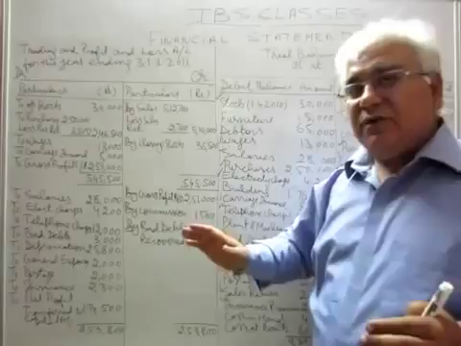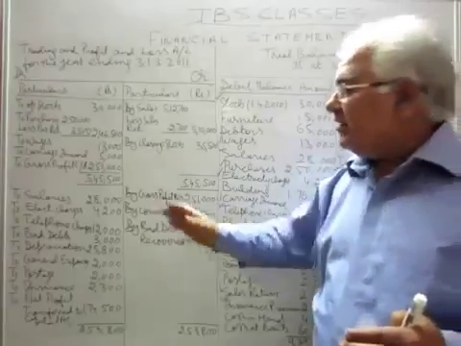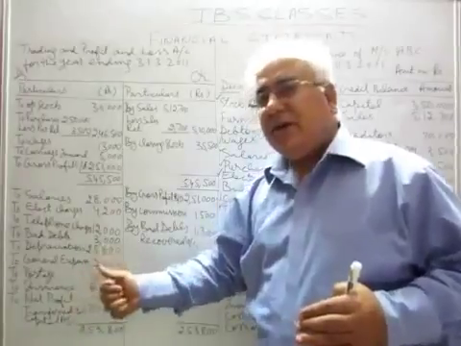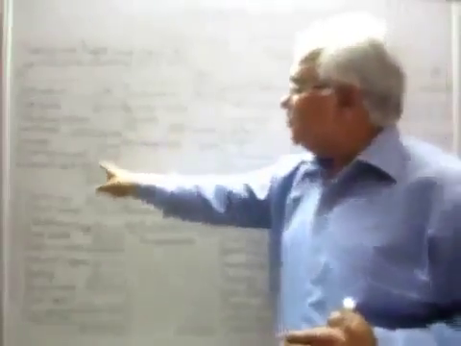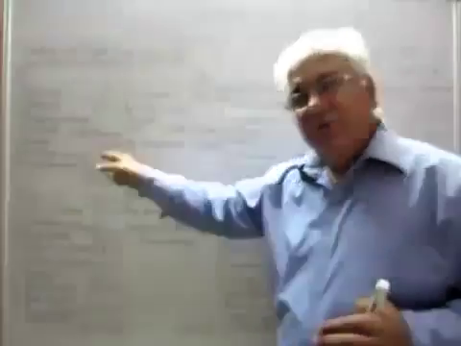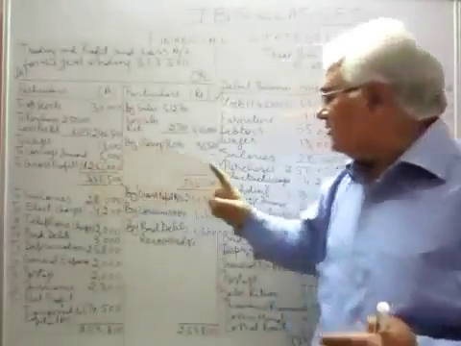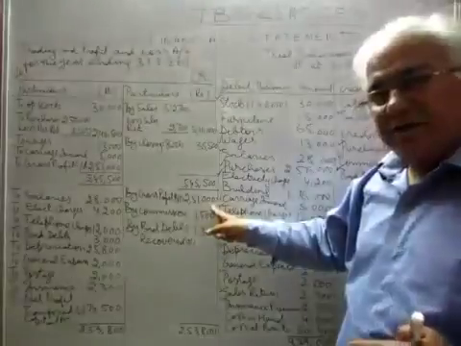Now from this gross profit we have to reduce our indirect expenses to find out the net profit. Since this was only a balancing figure here, that's why we had written it there, but basically it is a credit balance, hence it must come here.